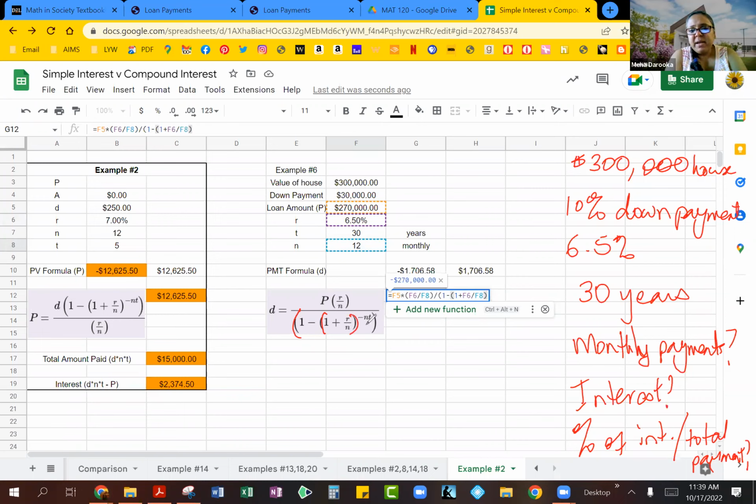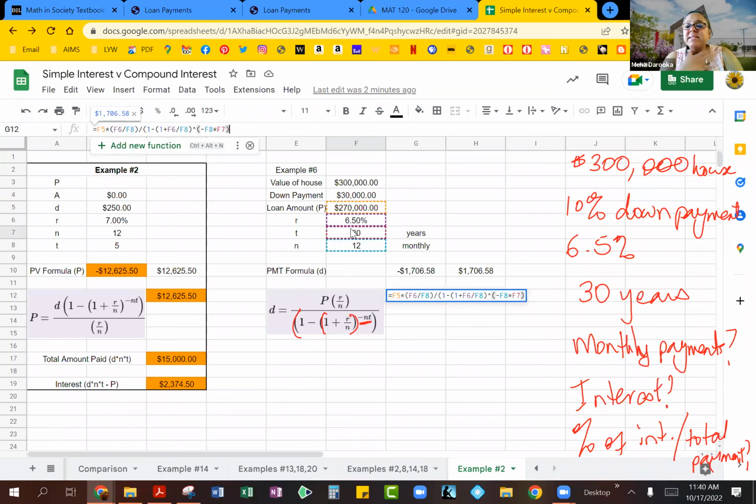And then you will see, guys, we have a negative N times T. So we have a negative exponent there. So after we get our close parentheses at this point, you'll use the caret symbol. And then in parentheses, we're going to do negative N times T. So N times T. Just make sure you have that negative sign in there.